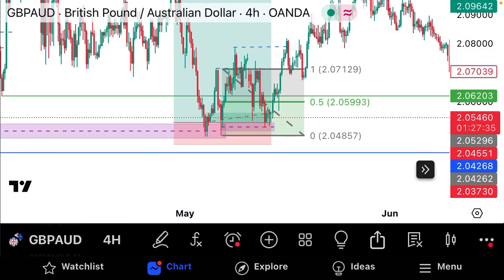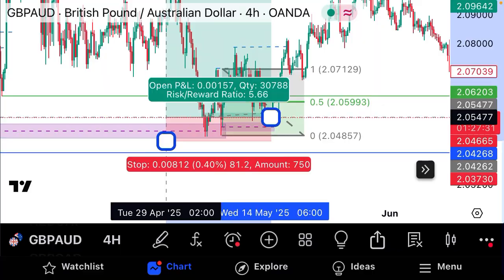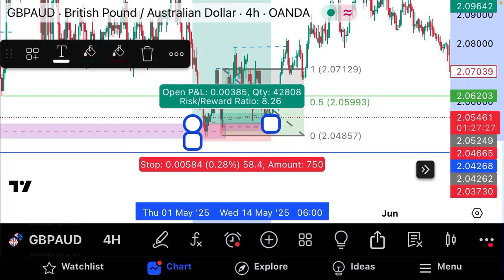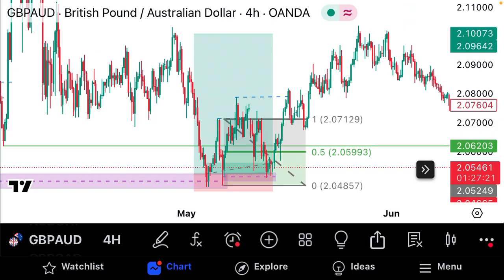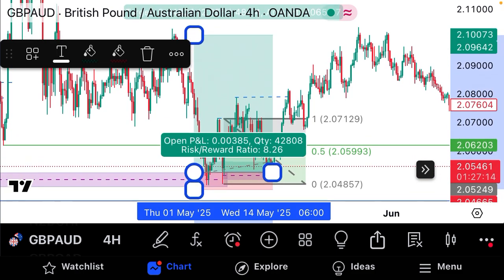So I want to adjust the SL. So here we are risking 58 pips. Yeah, 58 pips. We are risking 58 pips to get 482 pips, which is not bad.